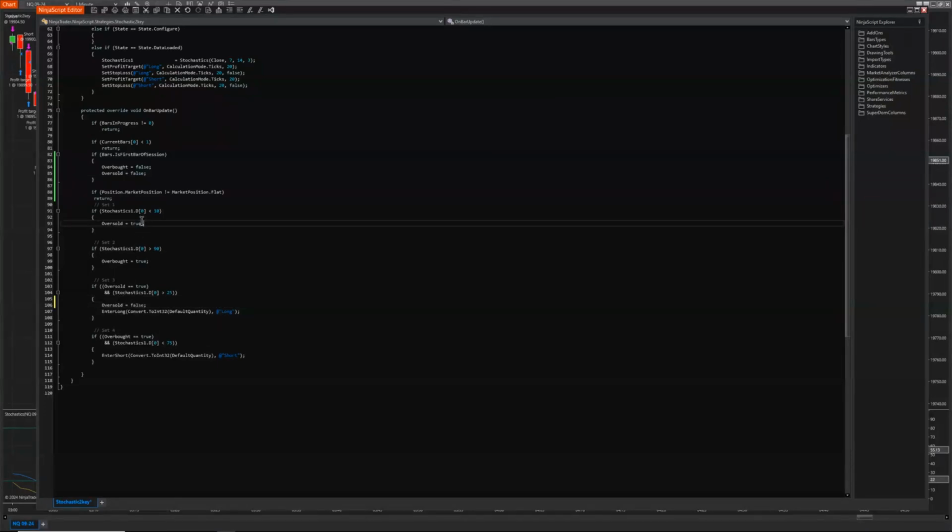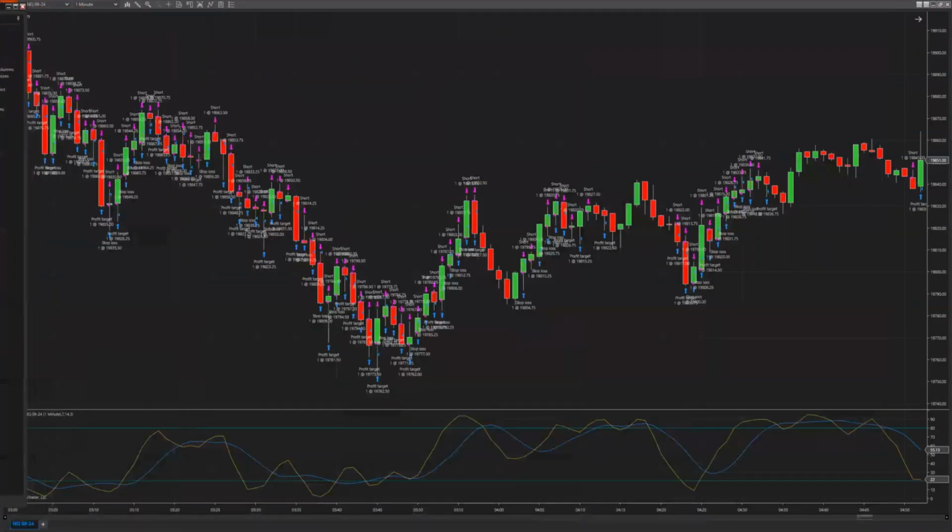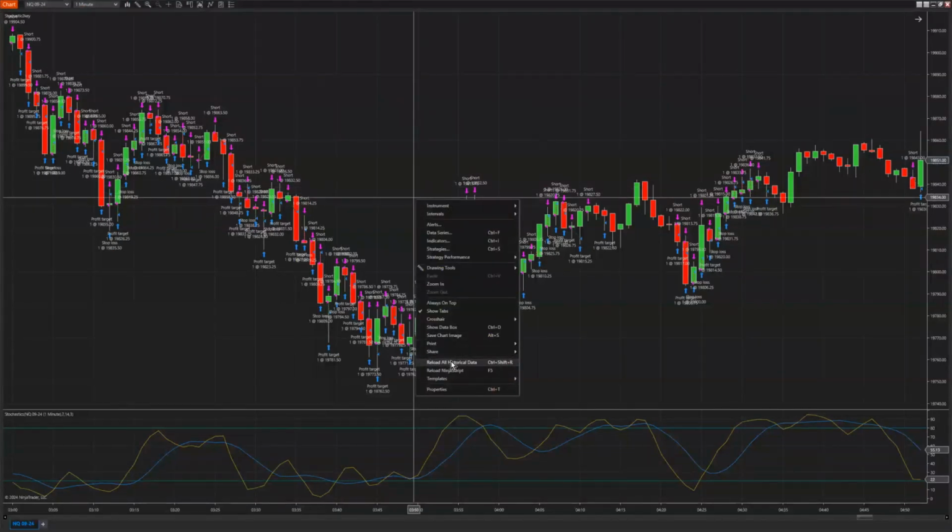Because otherwise those conditions are just going to be true all day, and you're just going to be taking trades like crazy. So we want to reset that when we enter a trade so that we're not taking trades like crazy. So we'll save this and we'll reload it one more time. That should make it way better.